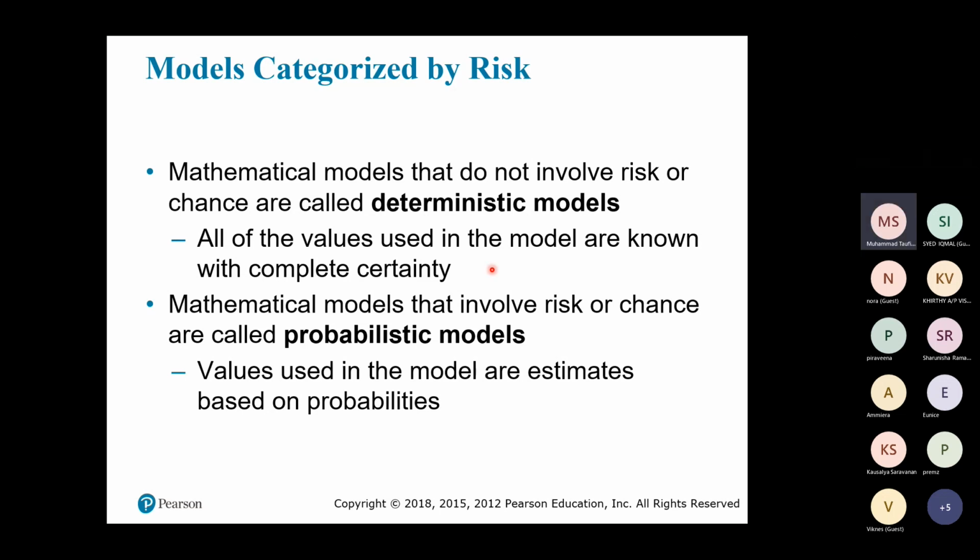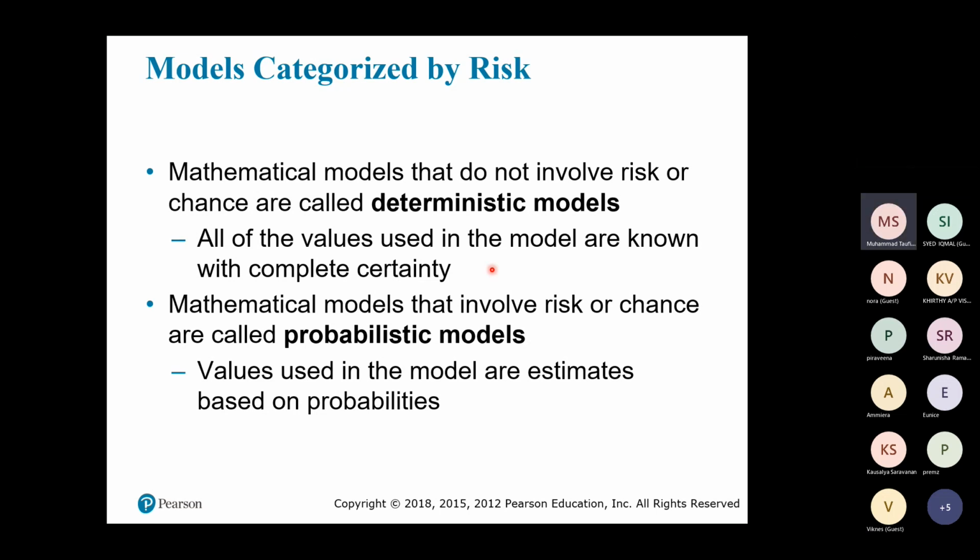But let's say you collect all the data, and after you collect it, you are not really 100% sure that this data is correct. Maybe you are 80% sure that this data is correct.